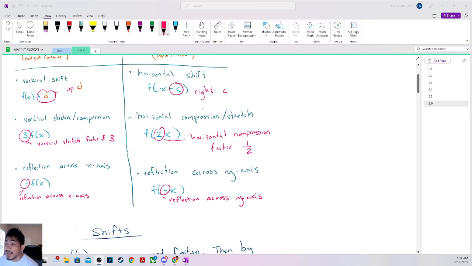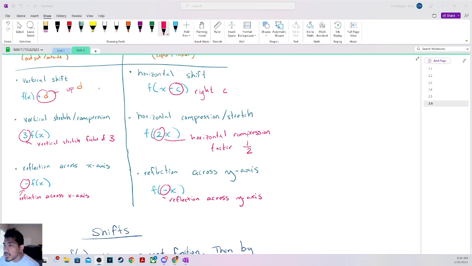If I'm multiplying inside my function, it's going to be a horizontal compression or stretch by a factor of this value reciprocated. So pay attention to the phrasing. I stated that I have a vertical stretch or compression. However, over here, I said I have a horizontal compression or stretch.